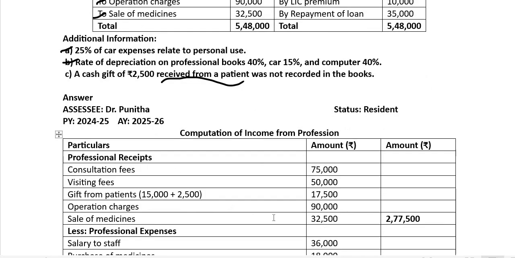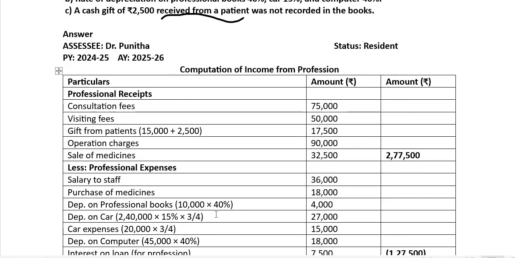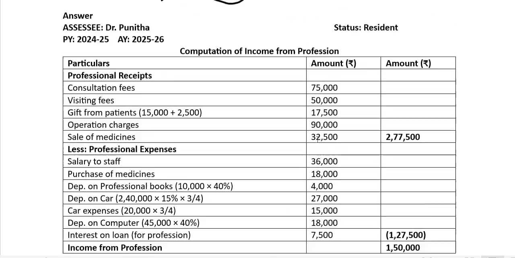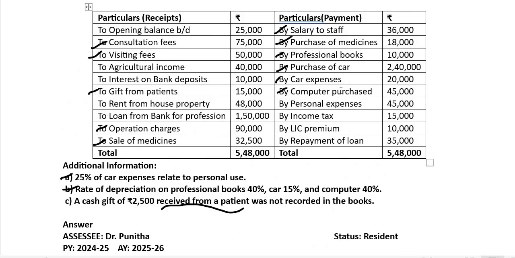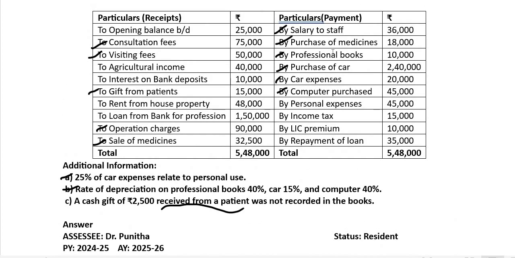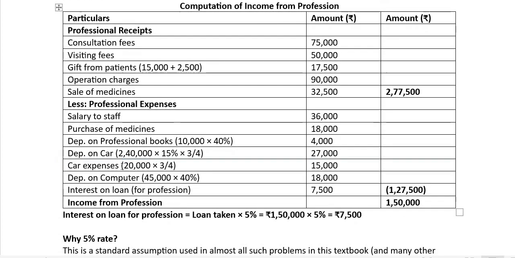Okay, sale of medicine 32,500. Correct. Then come to the payment side. Salary to staff 36,000. Purchase of medicine 18,000 written. Professional books 40% depreciation.